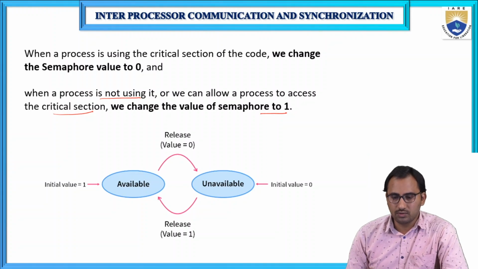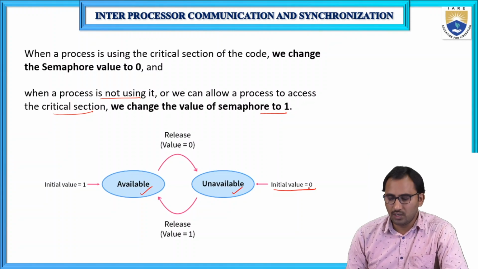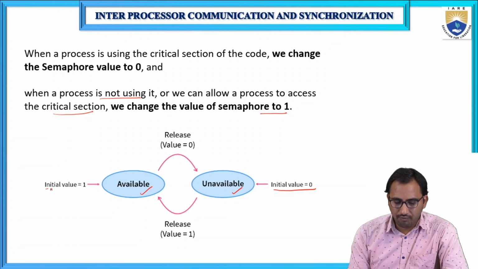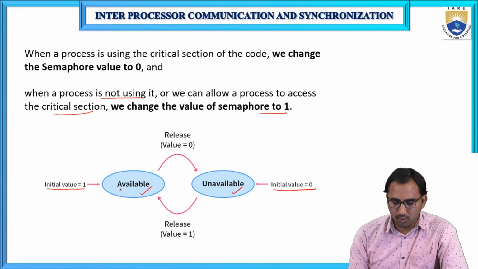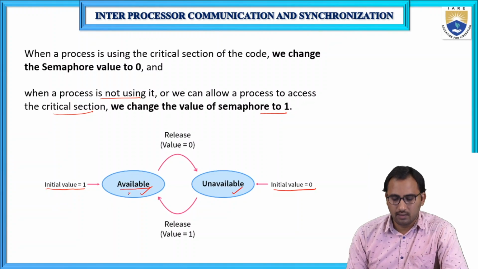We have a resource, and one state is available and another state is unavailable. If the initial value of the semaphore is equal to 0, that indicates the resource is unavailable to the processes. Similarly, if the initial value is equal to 1, the resource is available to the process.